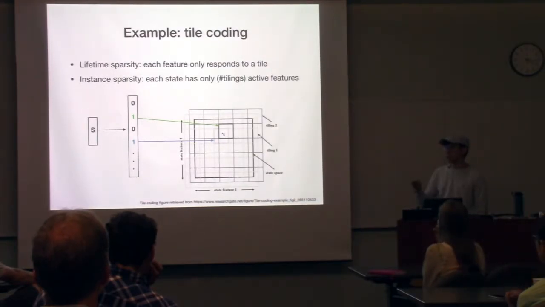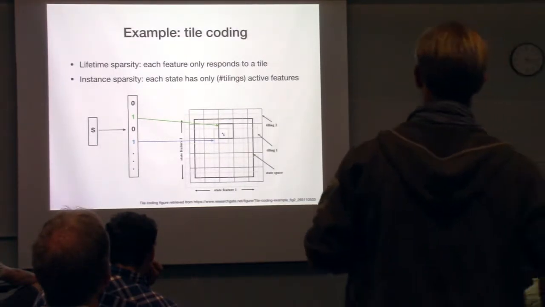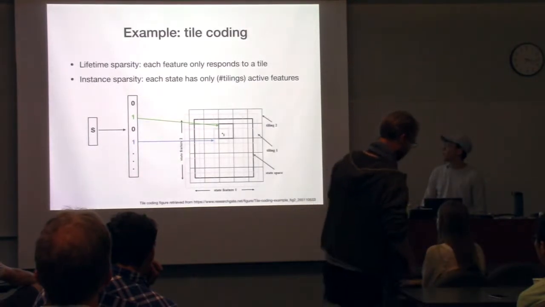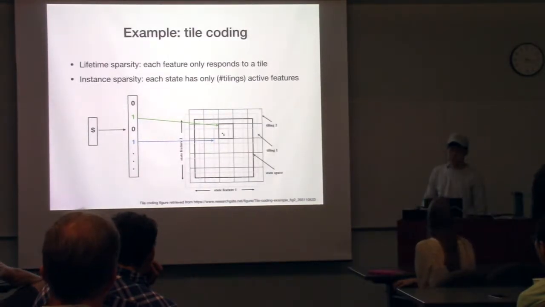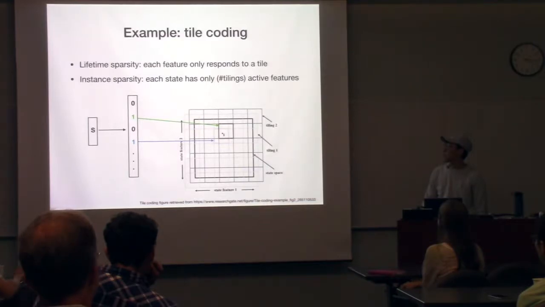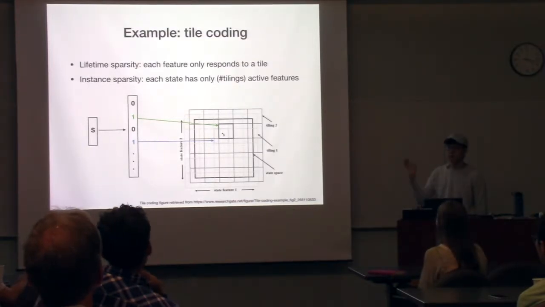So it's sparsely active across the input space. And it also has instance sparsity because for each state, the tile coding representation has at most number-of-tilings active features. So that's one example of a sparse representation.